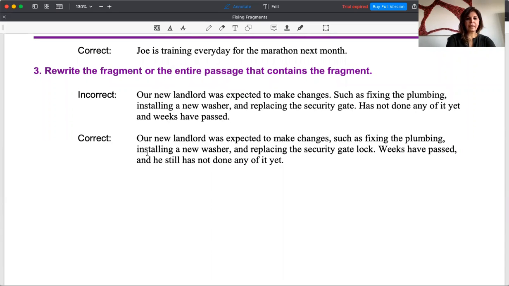Pardon me. I can say, our new landlord was expected to make changes such as fixing the plumbing, installing a new washer, and replacing the security gate lock. Weeks have passed and he still hasn't done any of it yet.